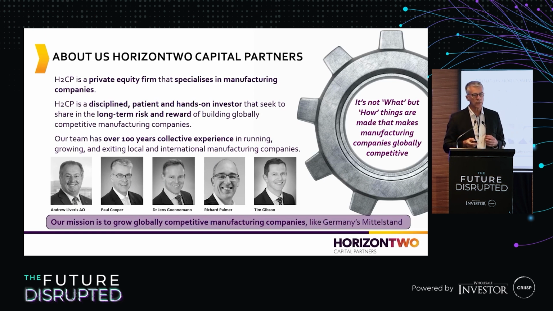So Horizon 2, a group of 5 of us got together. I met Andrew Liveris when I was on the Ministers' Roundtable for Manufacturing, and Andrew also was a very good friend of Jens Gernemann. So there's 5 of us. Andrew Liveris, if the name's familiar, he formed the Liveris Foundation in Australia, former global head of Dow Chemical.